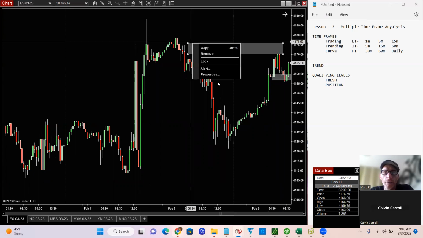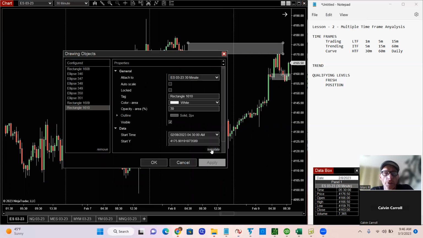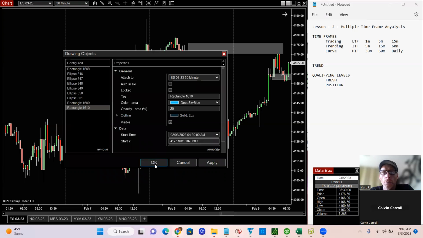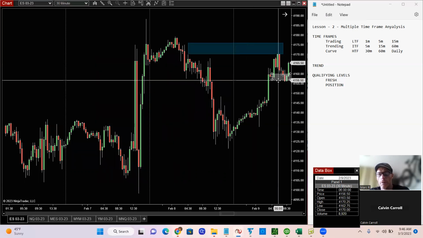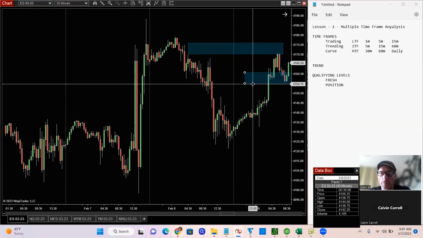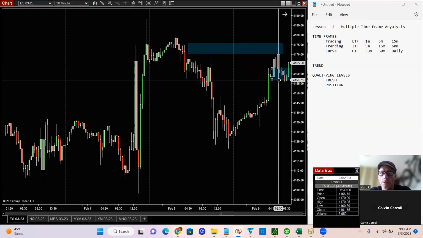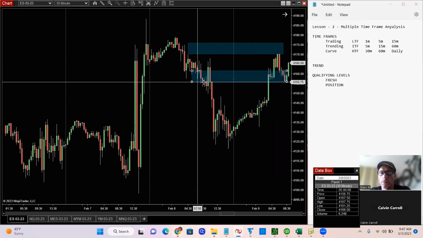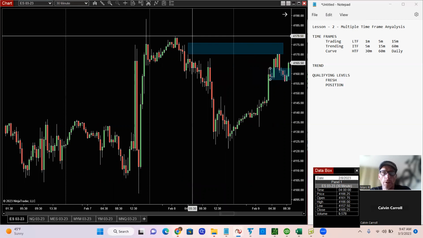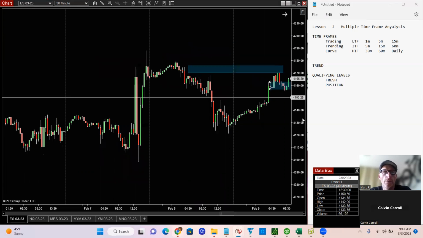I'm going to color code these for reference. The colors are not relevant. I just coincidentally will use a blue box for my higher time frame. Just random colors I happened to pick one day. So we've got 30s right now.